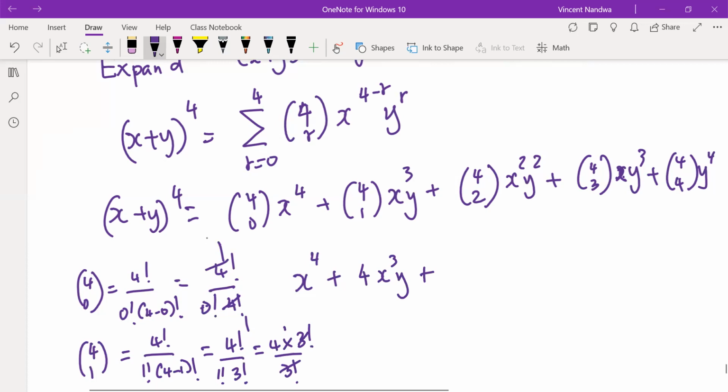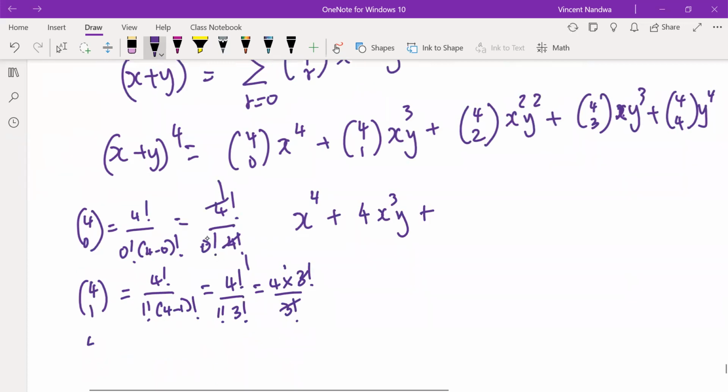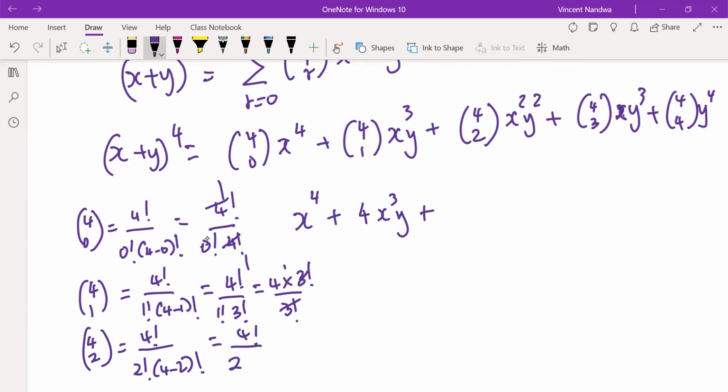Plus 4 combination 2. 4 combination 2 means 4 factorial over 2 factorial times 4 minus 2 factorial, which will be 4 factorial over 2 times 2 factorial, which is 4 times 3 times 2 factorial over 2 times 2 factorial. So this and this cancels out.